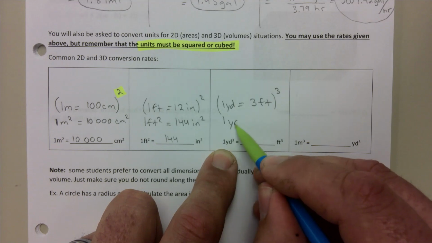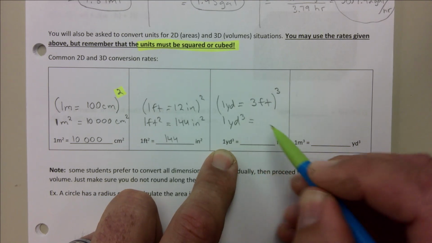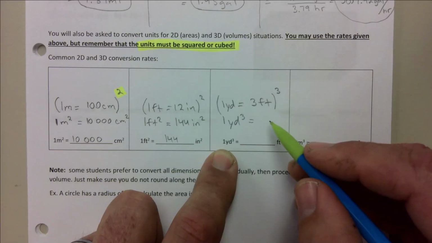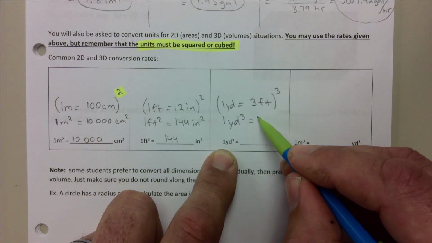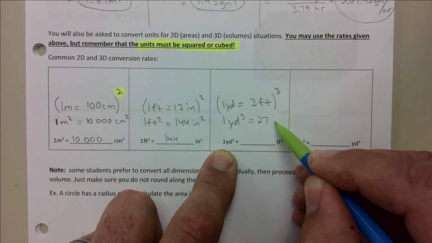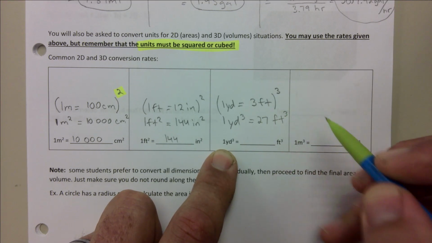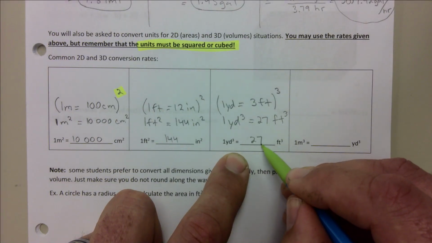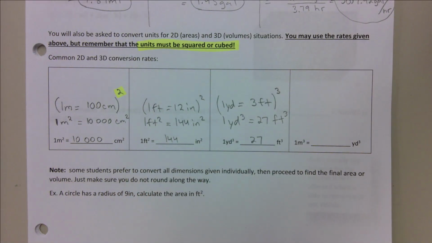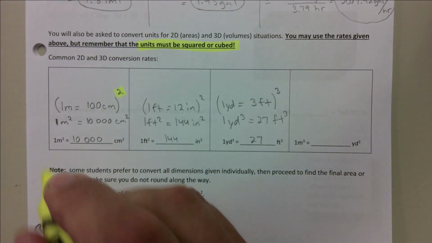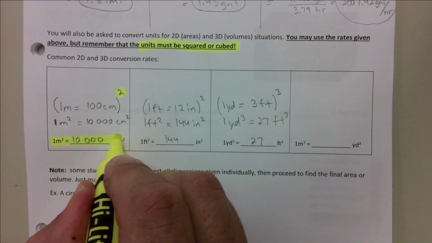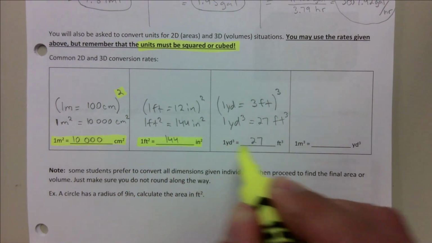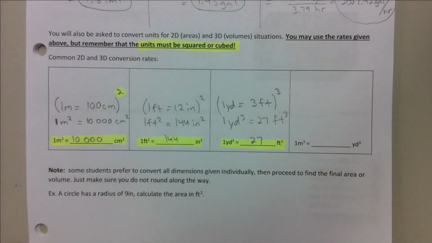So 1 cubic yard, what's 3 cubed? 27, right? 3 times 3 is 9, times 3 is 27. I would say at the end of this, when we're done this, at the very least, I would have these ones on my study sheet.